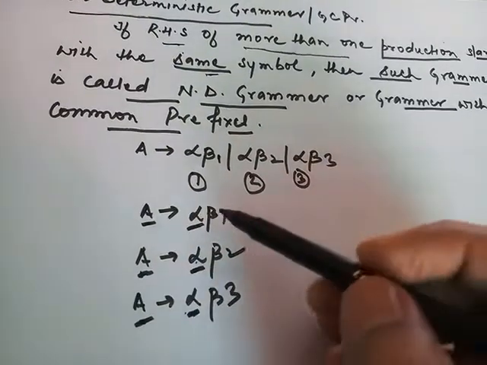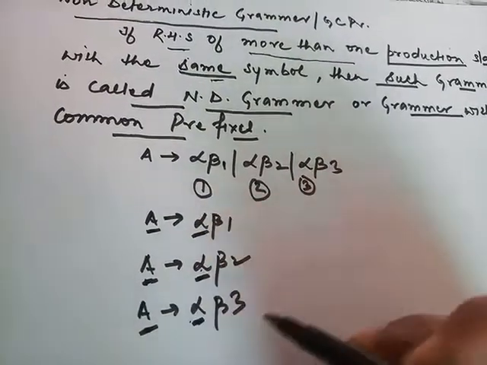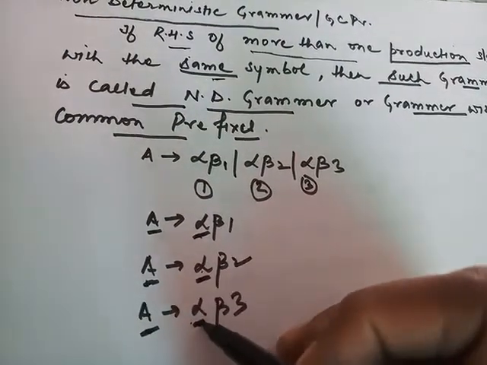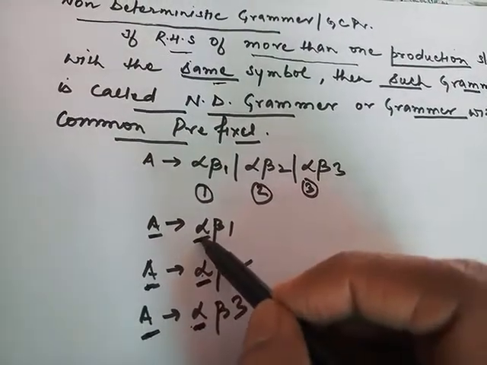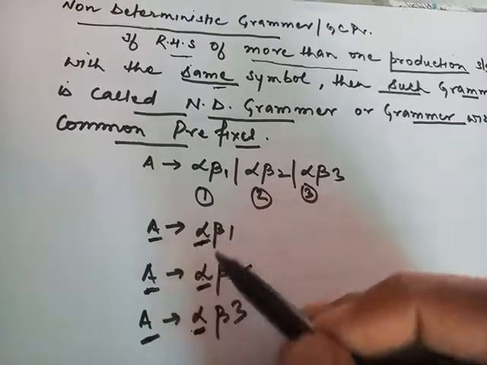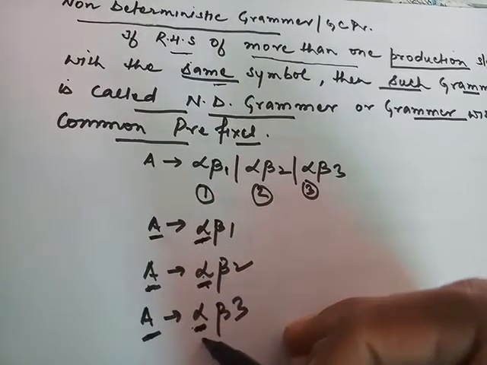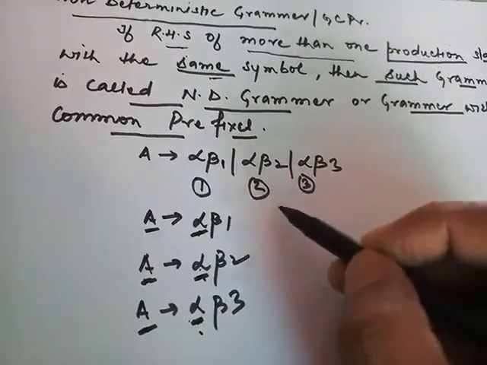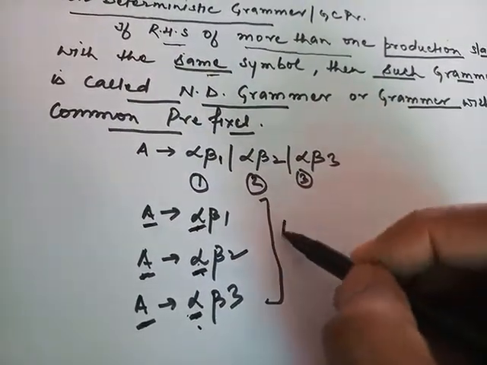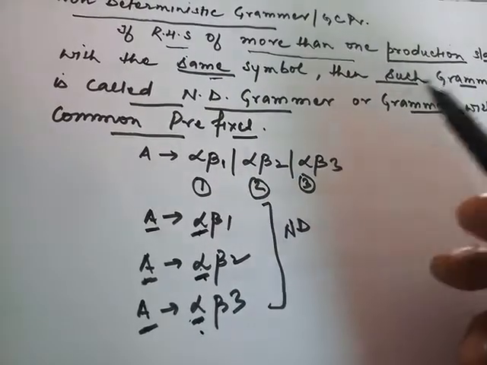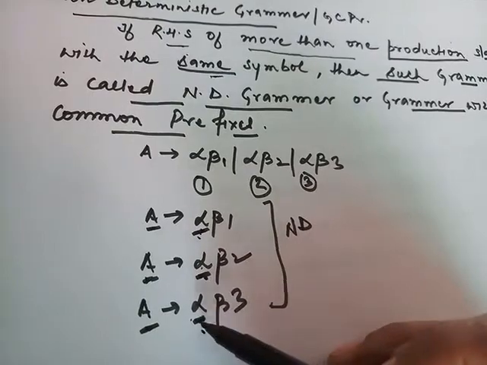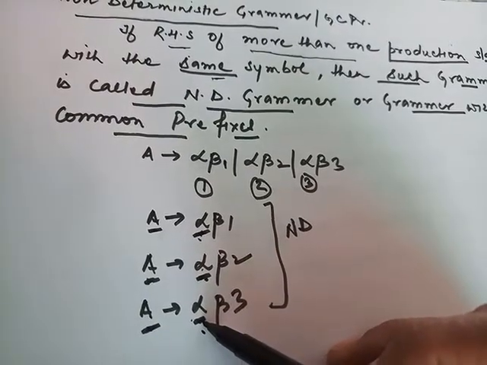So these three production rules have a common prefix, alpha, in production number 1, production number 2 and production number 3. You can say this grammar is a non-deterministic grammar, or a grammar with common prefixes.